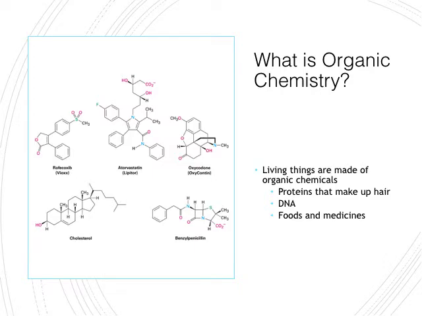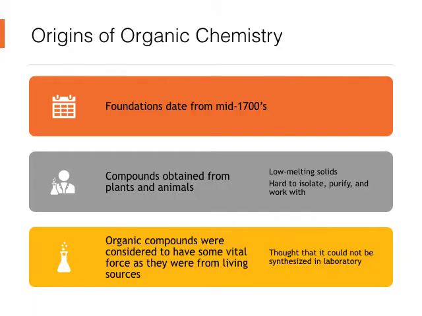We have to also take note of the origins of organic chemistry. Its foundations date from the mid-1700s. Compounds were obtained from plants and animals, and scientists then had difficulty because these compounds have low melting points. They are very hard to isolate, purify, and work with.